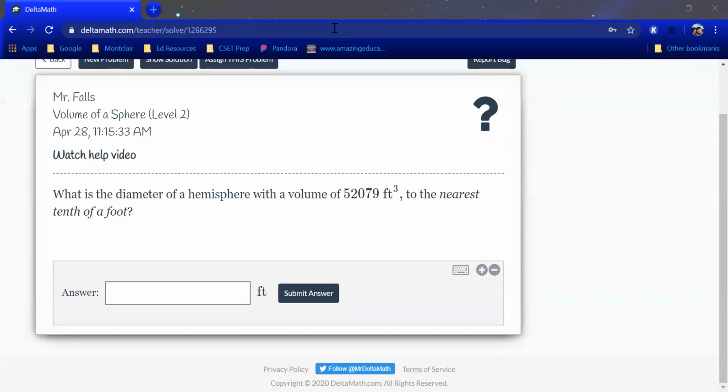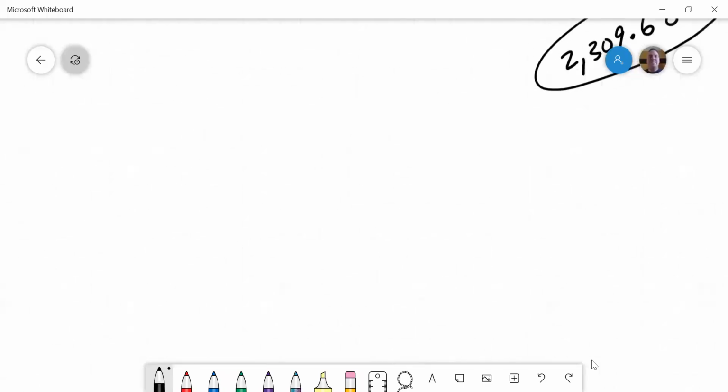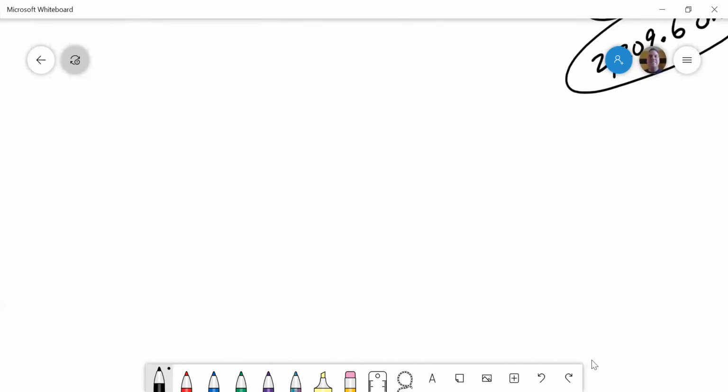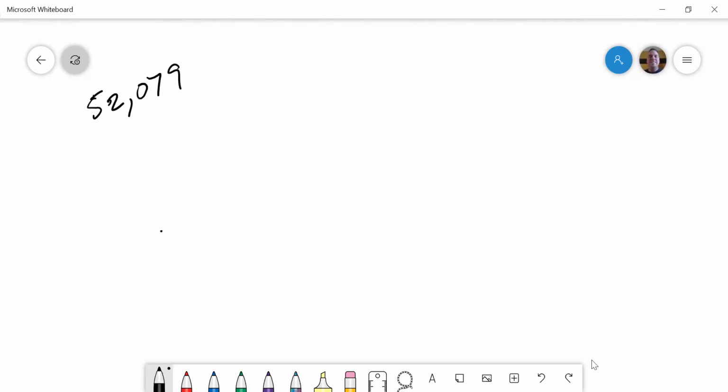There it is. Okay, so it said, let me write this down before I forget, 52,079. What's the diameter? Okay. So what we need to do then is write the formula for a hemisphere, right? So the volume of a sphere is 4 pi r cubed divided by 3.